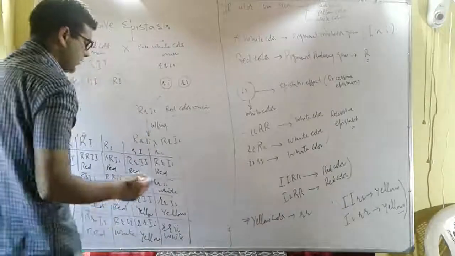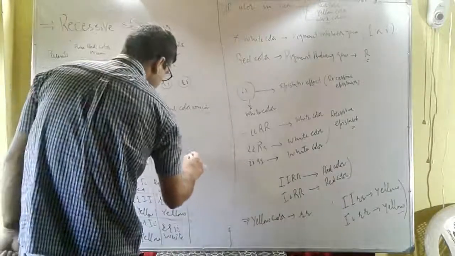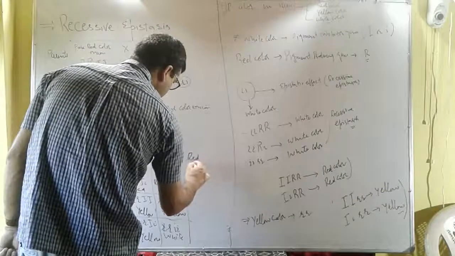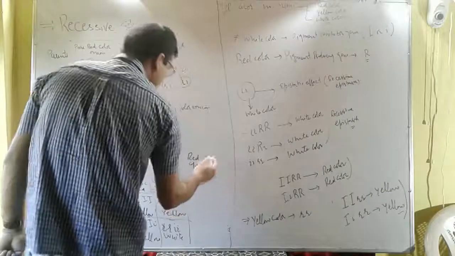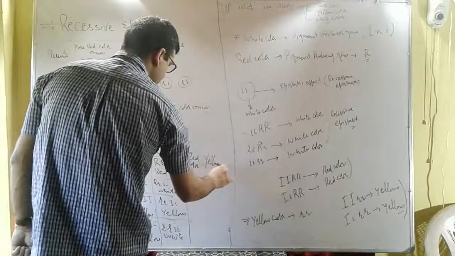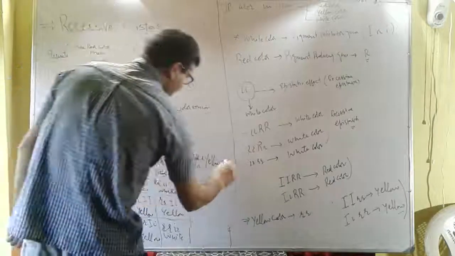Now we'll calculate red color onion, yellow color onion and white color onion.